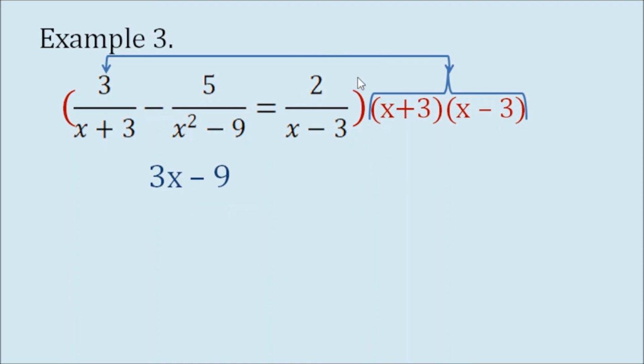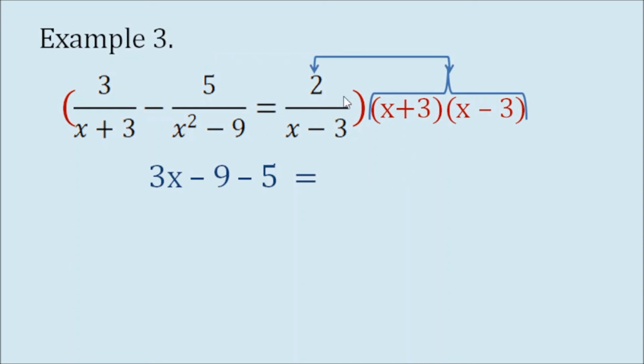And here we are going to multiply 5 over x squared minus 9. And we know that this x squared minus 9 is equal to this LCD here. So meaning to say we just cancel out x squared minus 9 and this LCD here. So since we have a minus sign here, our answer is just minus 5.